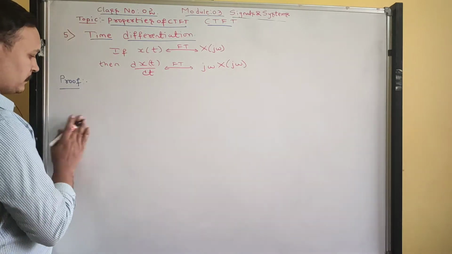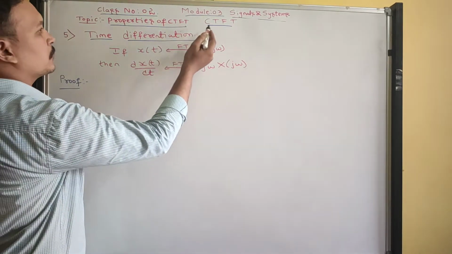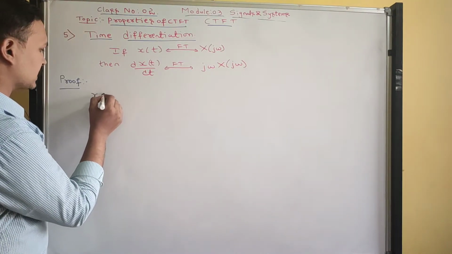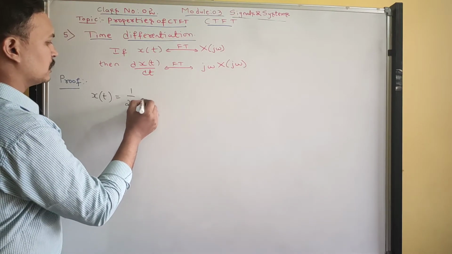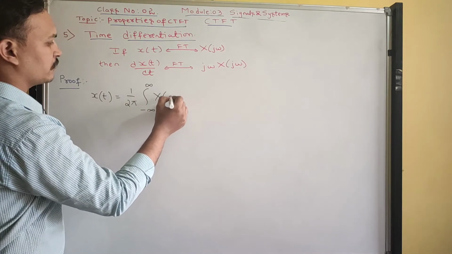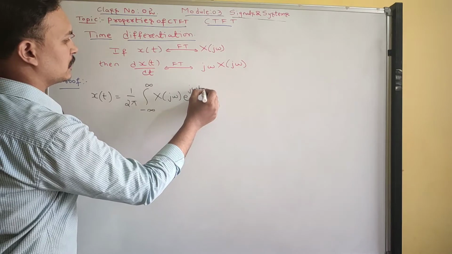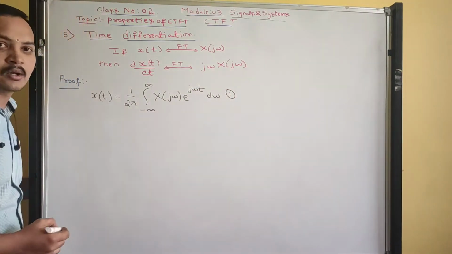We know from the synthesis equation that the non-periodic continuous time signal is represented by x of t equals 1 by 2 pi integral minus infinity to infinity x of j omega into e to the power of j omega t into d omega. Take this as equation number 1.